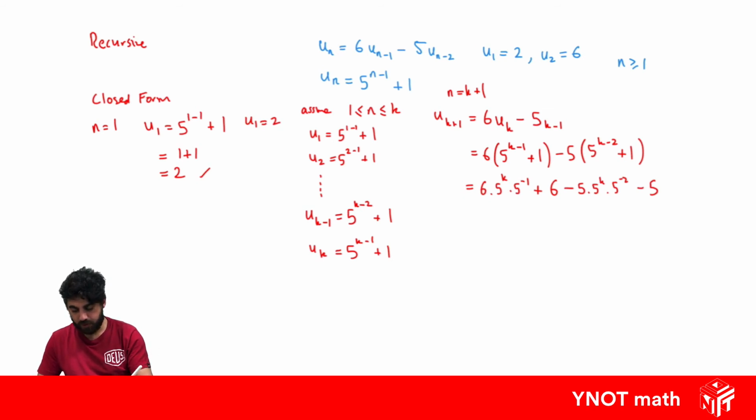Now, over here, we've got 5 times 5^(-2). These have the same base, so we can add their powers together. So we have 6 times 5^k times 5^(-1) plus 6, minus 5^k. Now, the 5 times 5^(-2) gives us 5^(-1), minus 5.